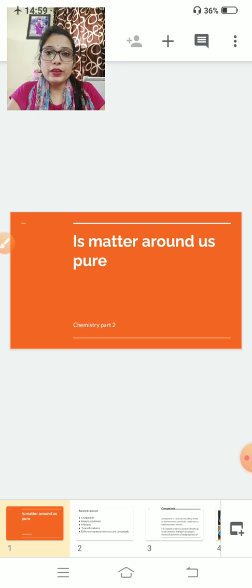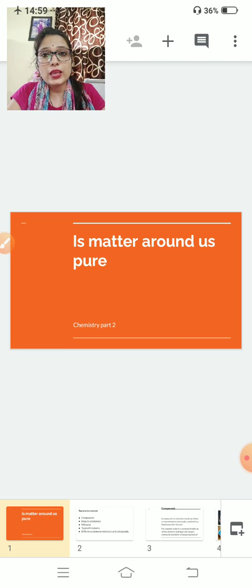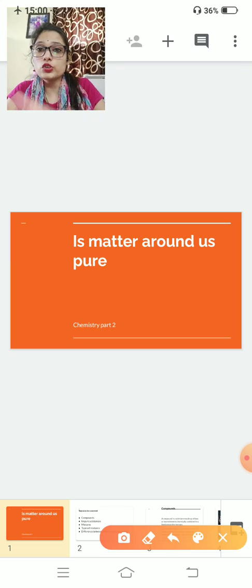In the previous video, we have seen that matter can be classified into two types on the basis of their chemical composition.